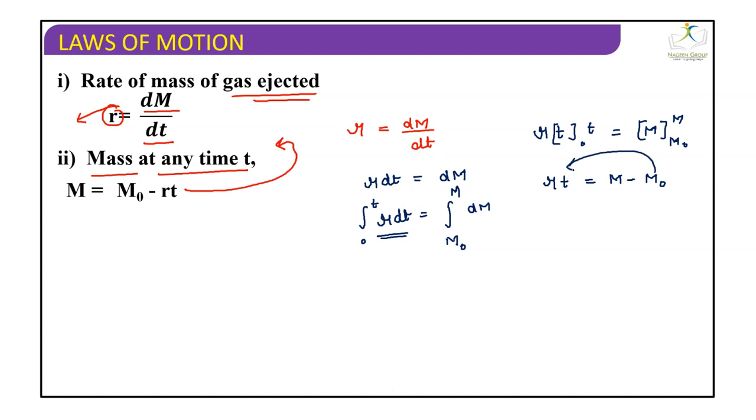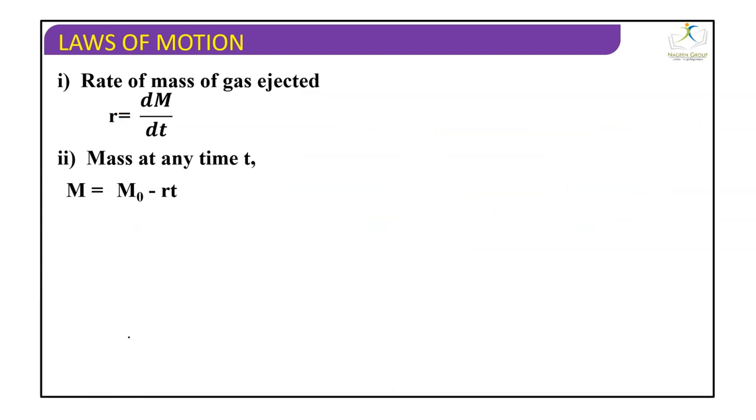I transfer this m here, so m naught is equal to m minus Rt. So this one is m1 and this one is m2. For change in mass, m2, that means m, is equal to the initial mass minus the rate with respect to time. I hope you understand how this term came in detail.